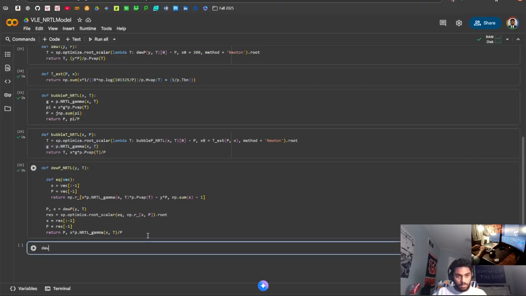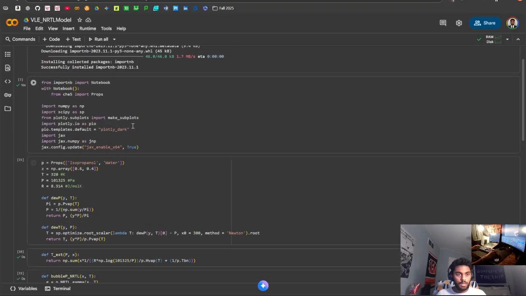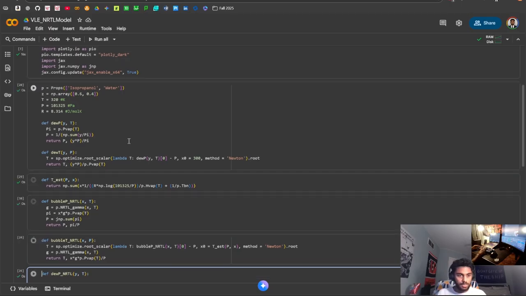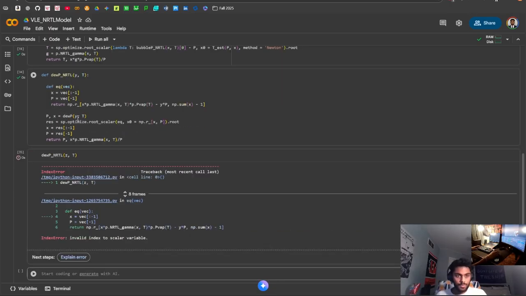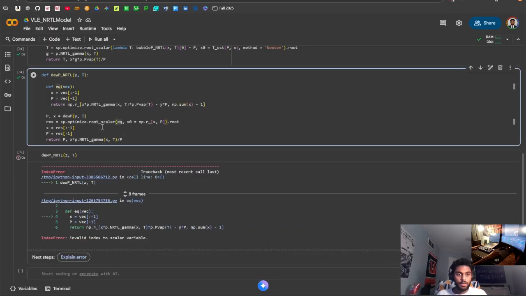So now let's take a look at our dew pressure function. Put in our inputs. I think I just need to initiate this. So there are a few things that need to be changed up here. First and foremost, we're going to be using just the root function, not the root scalar function. I also don't think we need that, because that'll automatically grab our root.